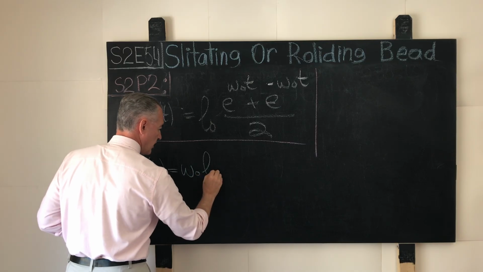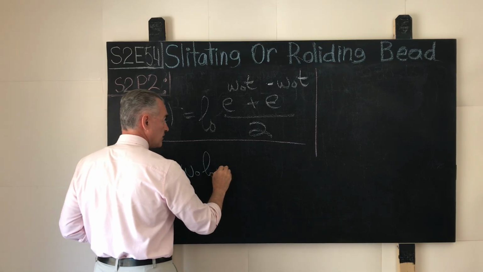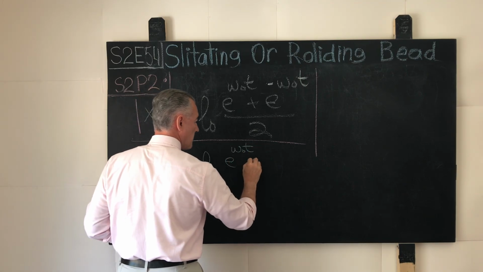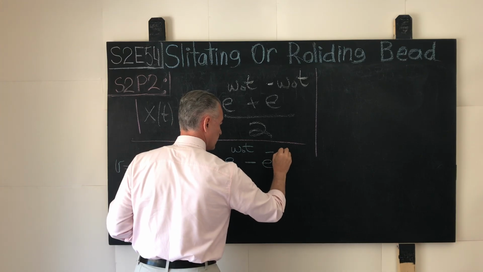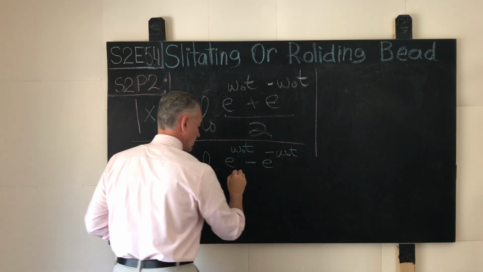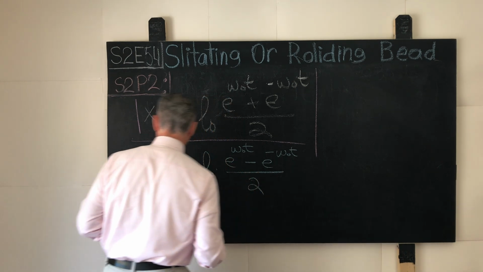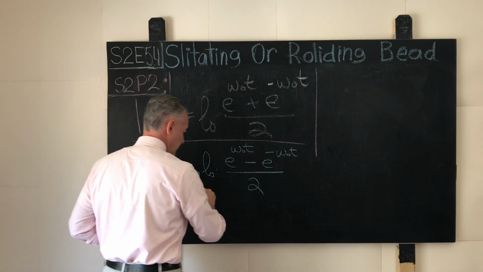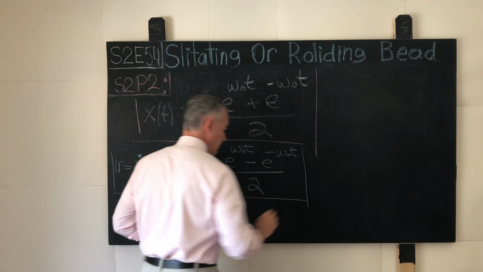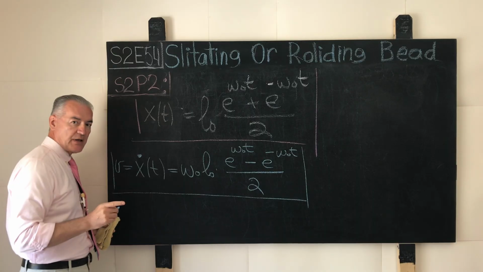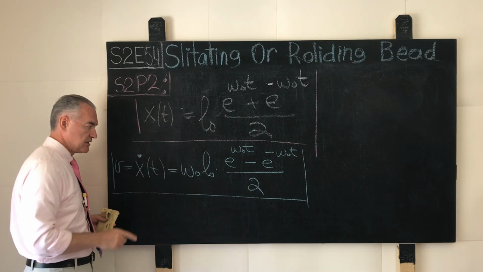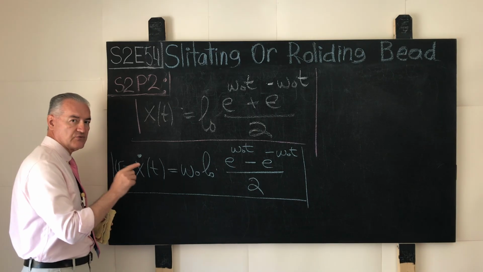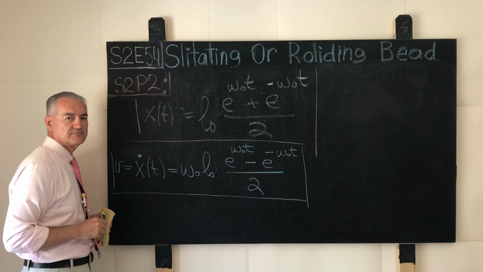Omega 0 L0 times e to the power omega 0 t minus e to the power minus omega 0 t, over 2, and this is our expression for the velocity of the bead with respect to the absolutely rigid massless rod as it chases or races its way towards the free extremity of that rod.